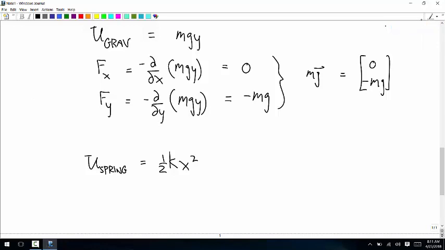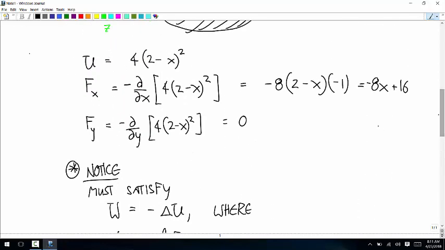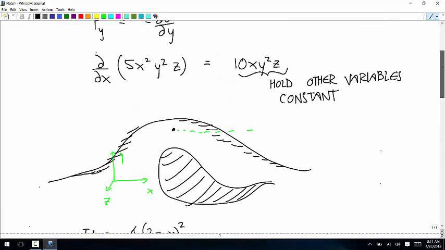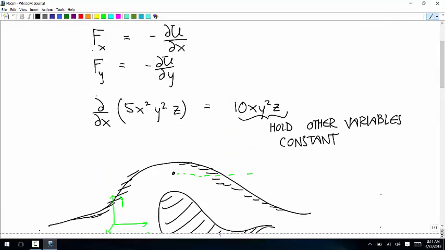That's if the object is moving in the x direction. That's the definition. That is the relationship between the force field and the potential energy function.